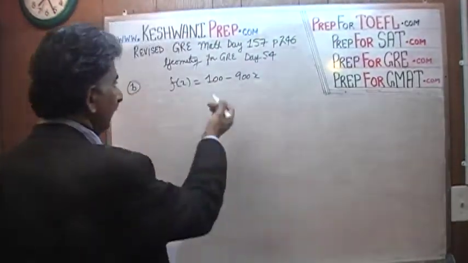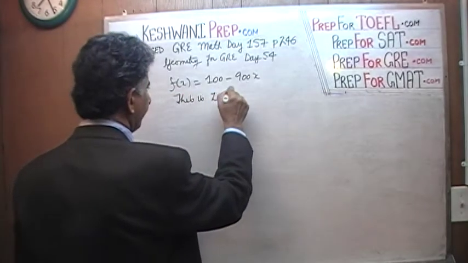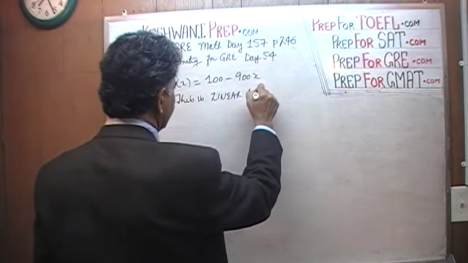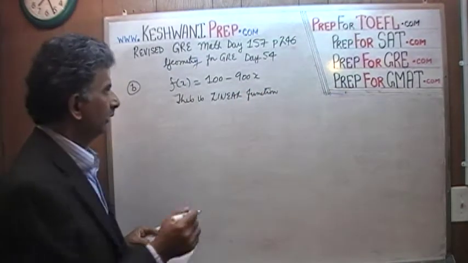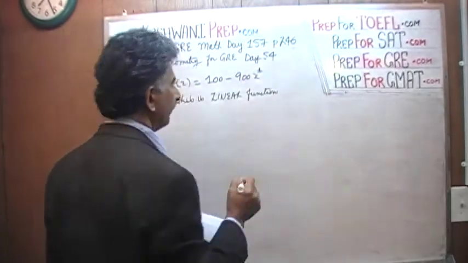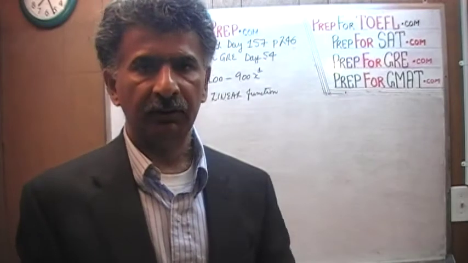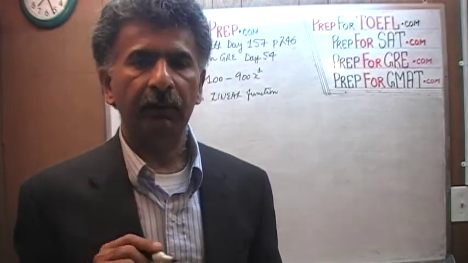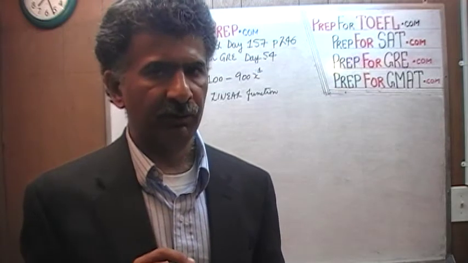This, as you can tell, is a linear function. How do we know it's a linear function? Because x is raised to the first power. Had it been x raised to the second power, it would have been a quadratic function. Had it been x raised to the third power, it would have been a cubic function, and so on. In the GRE, you will never see x raised to the third power.